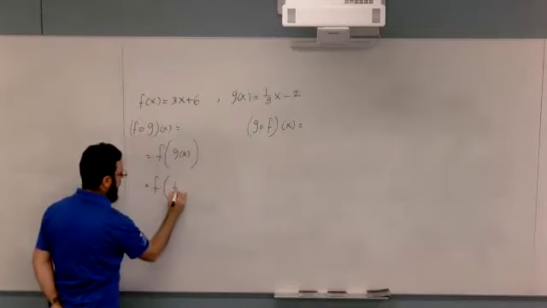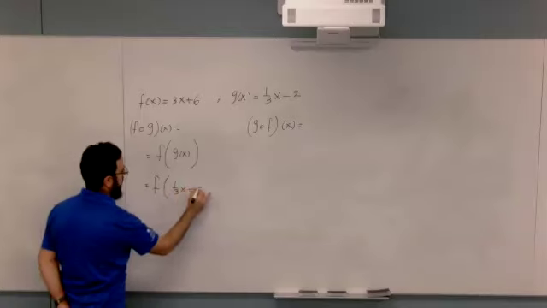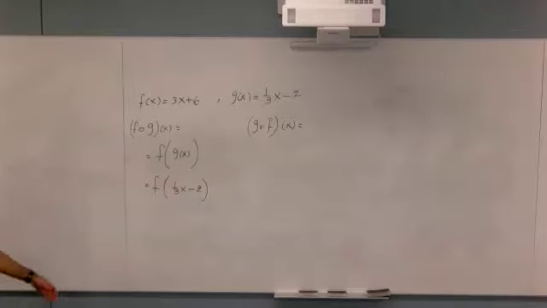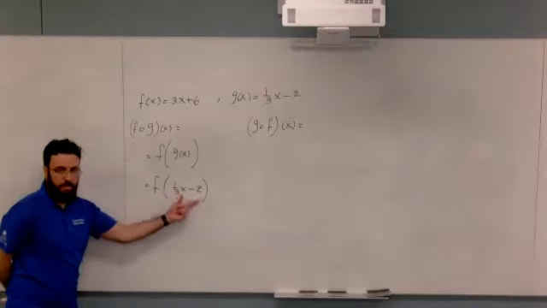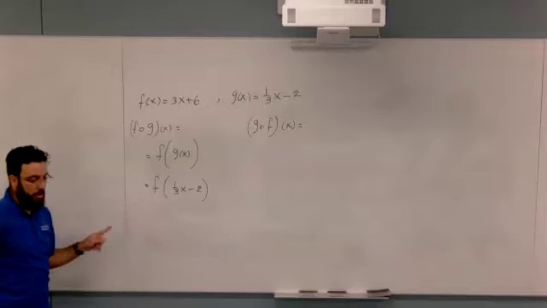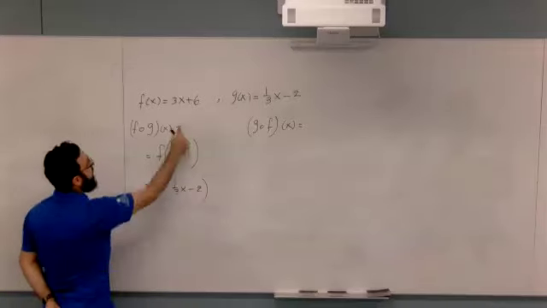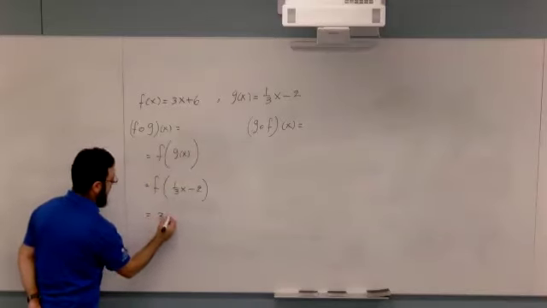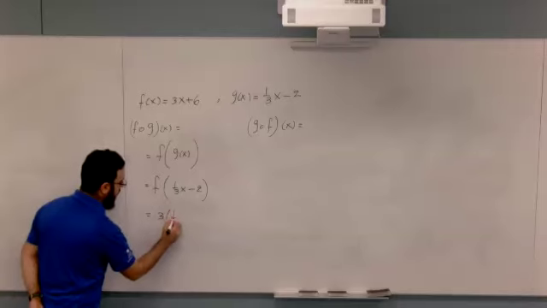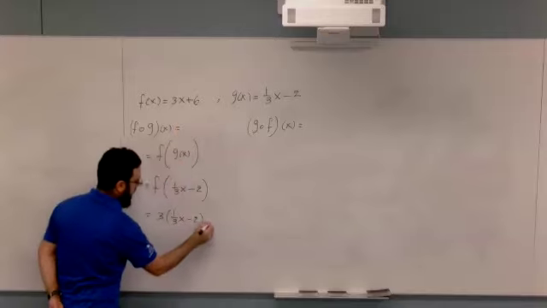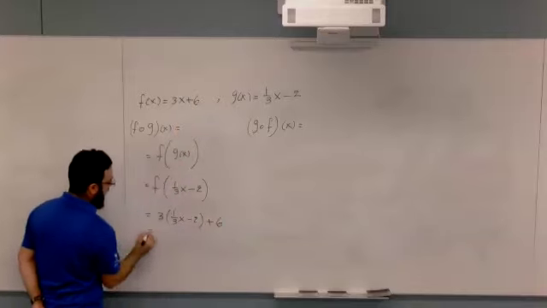There, I'm going to put x. Now I'm going to plug in the whole thing here where the x is, inside the f function. So it's going to be 3, open parentheses, 1/3 x minus 2, plus 6. Is that okay?